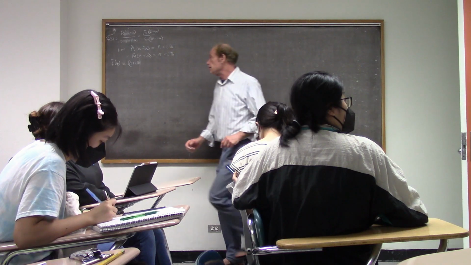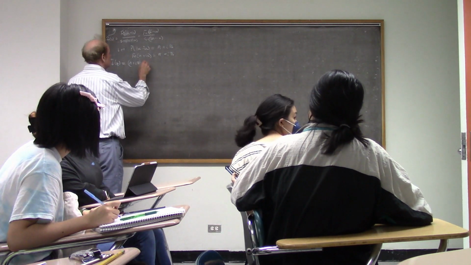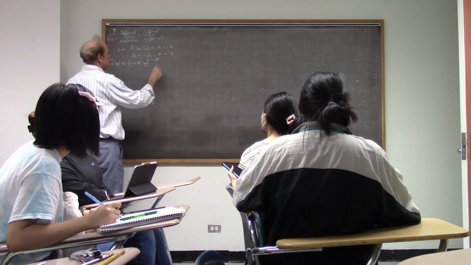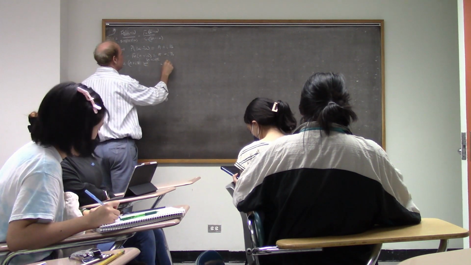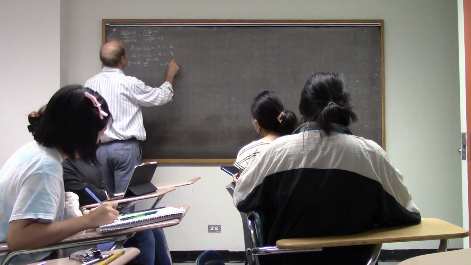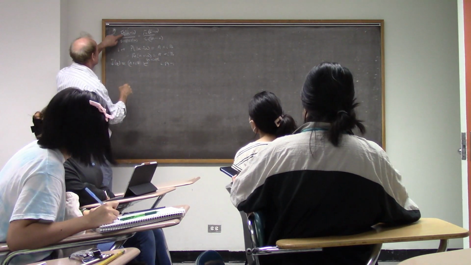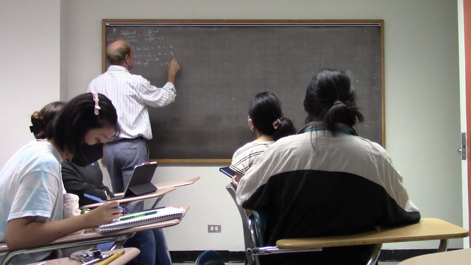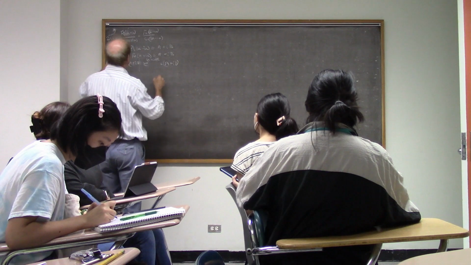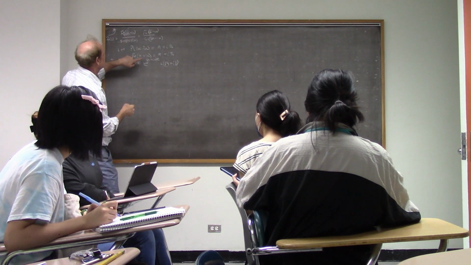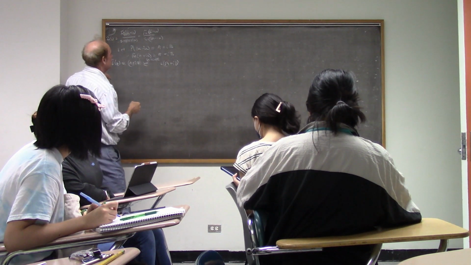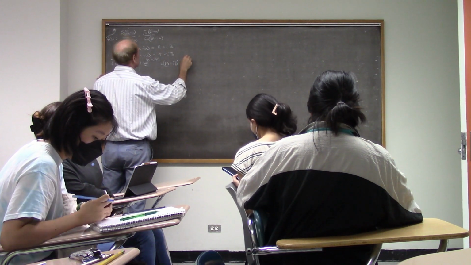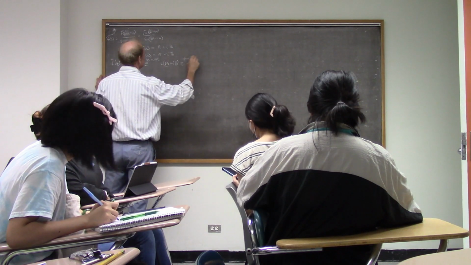So I've got e to the alpha t, and this term is a minus ib. Did I do it right? I did it backwards. This is a minus ib. A plus ib is this one, times e to the alpha minus i omega t.